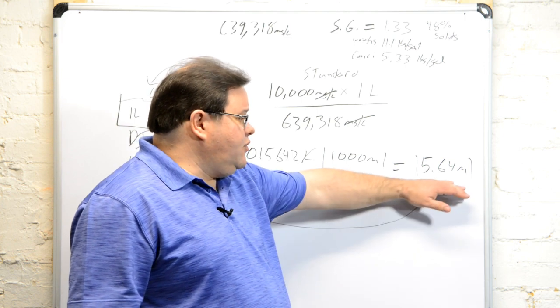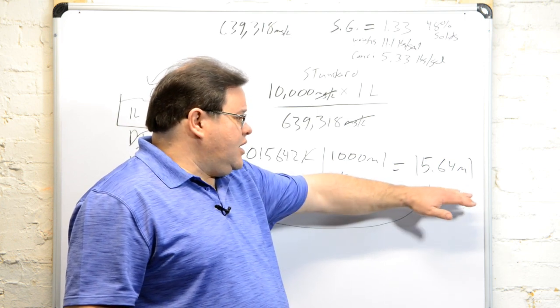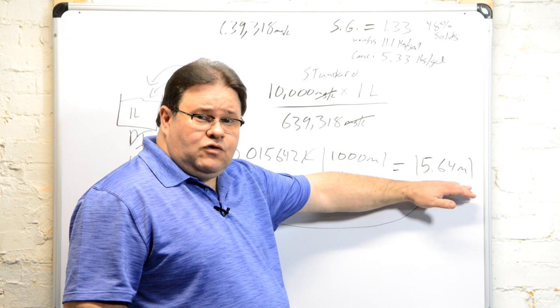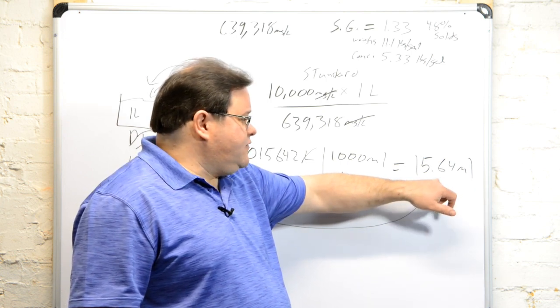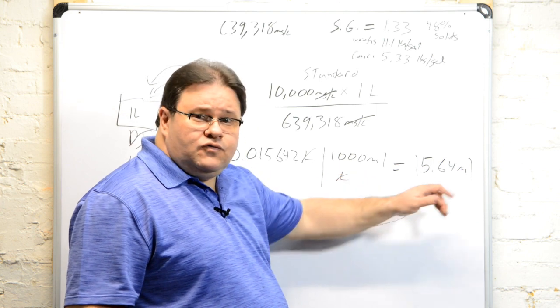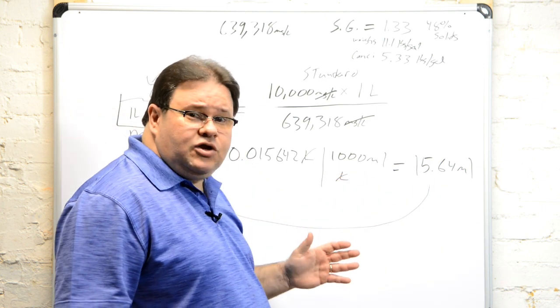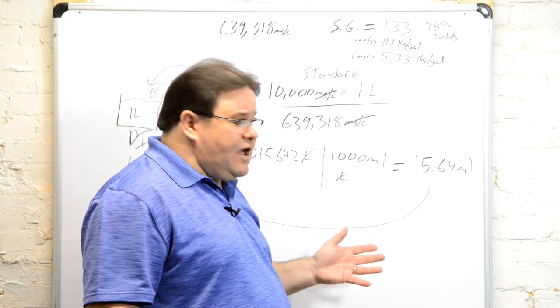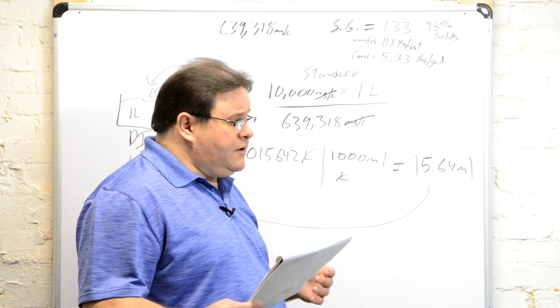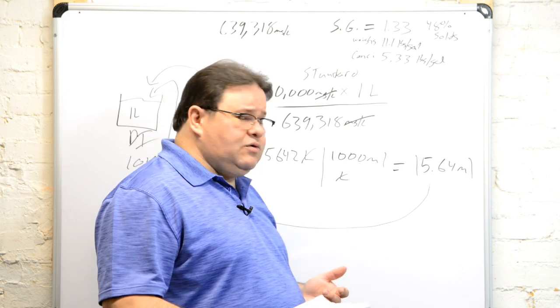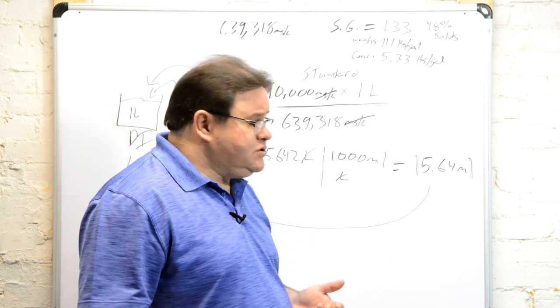So I would have to double this number, or I could use that same amount and use half the volume. If I added 15.64 mL into 500 milliliters, I would have a 20,000 part per million solution, and that's what I would use for my 2 liter jars.